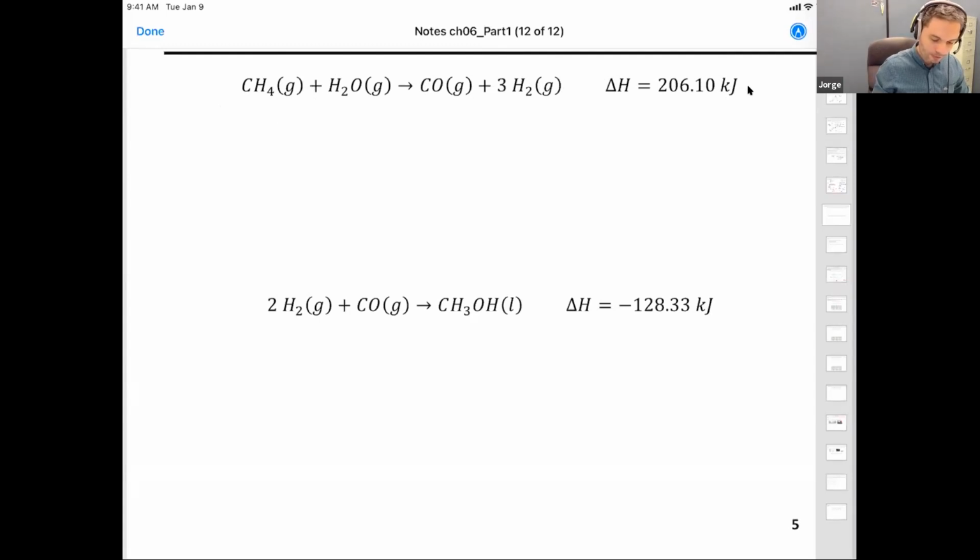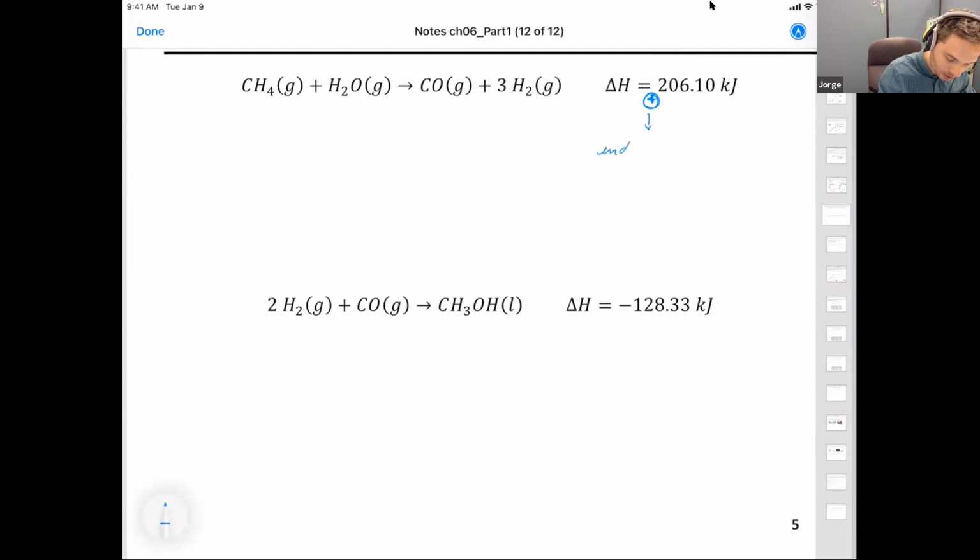Well, so first thing, we have to be able to look at the delta H and identify if the reaction is endothermic or exothermic. In this case, if there is no sign for the delta H, that means it is positive. Okay, so you don't need to put the positive there. So you can either show or do not show. If the delta H is positive, that will mean only one thing.